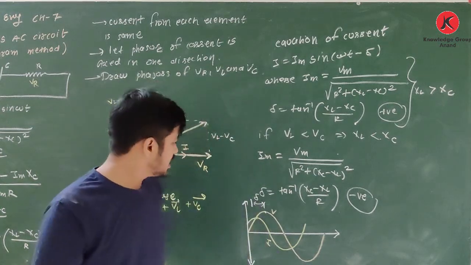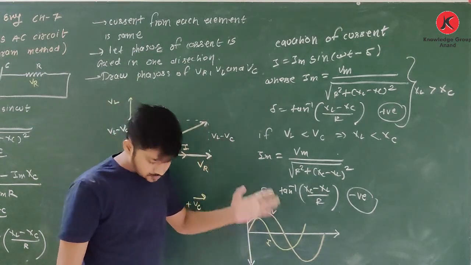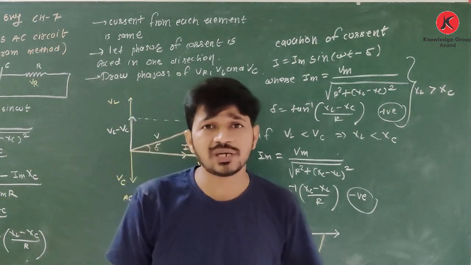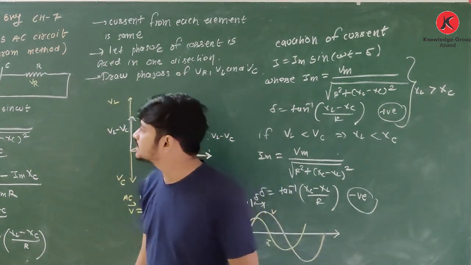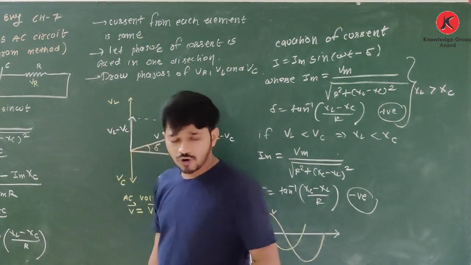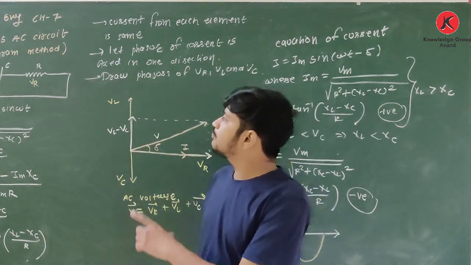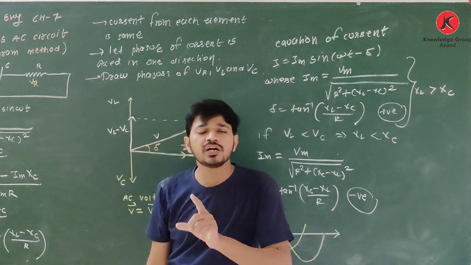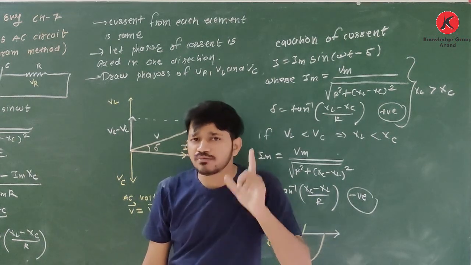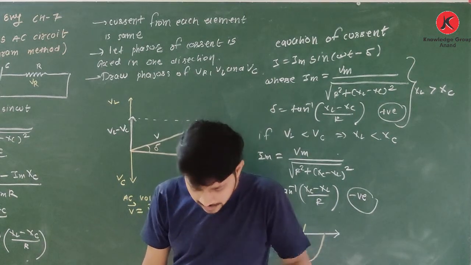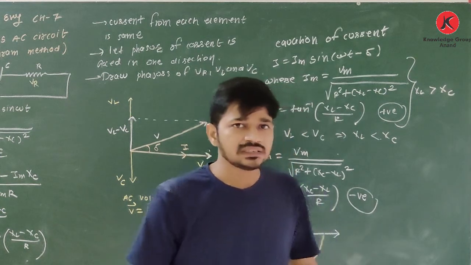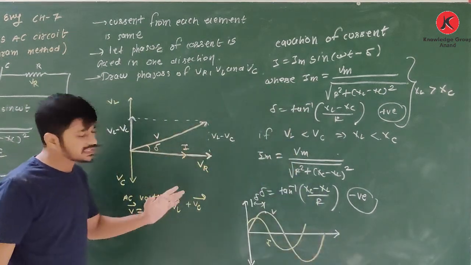So it is one important theory for chapter number 7: obtain the equation of current for the LCR series AC circuit with the help of the phasor diagram method. Now we will see some other cases.